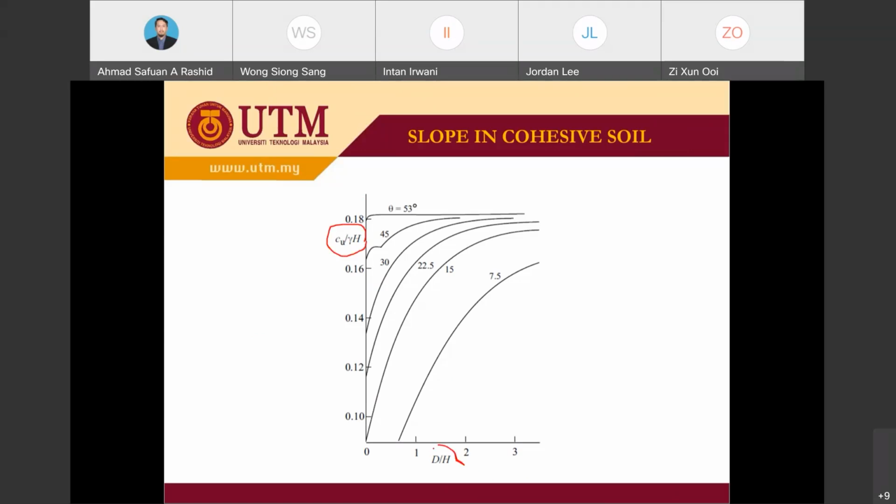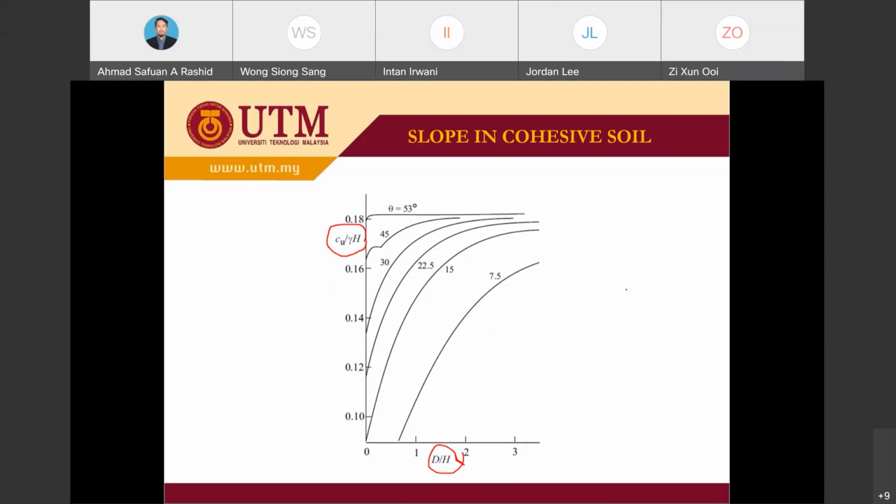D over H. So it means that any other researcher who wants to use or validate his analysis can easily refer to this chart without worrying about the geometry of, for example, the testing chamber or the geometry of the slope, because you already use the normalized approach.